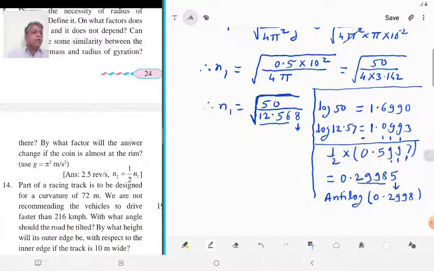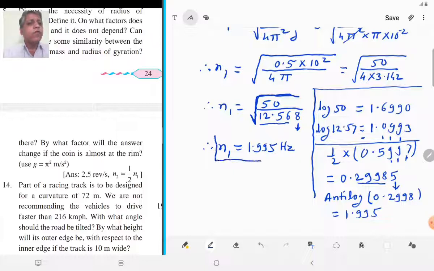After seeing the antilog of 0.2998, we get the value 1.995. So the frequency when the coin just begins to slip is n1 is equal to 1.995 hertz. This is the required frequency.